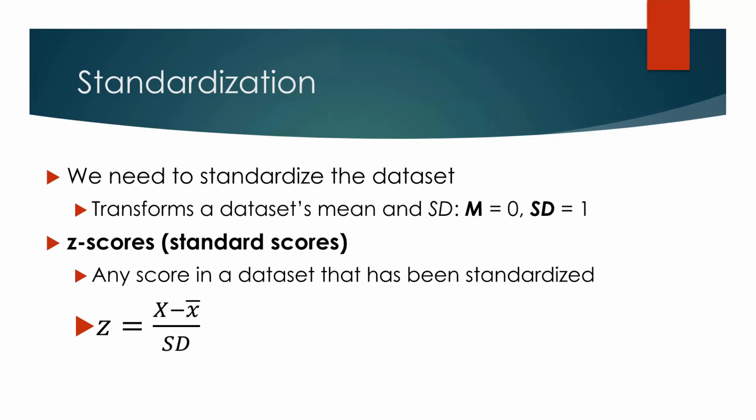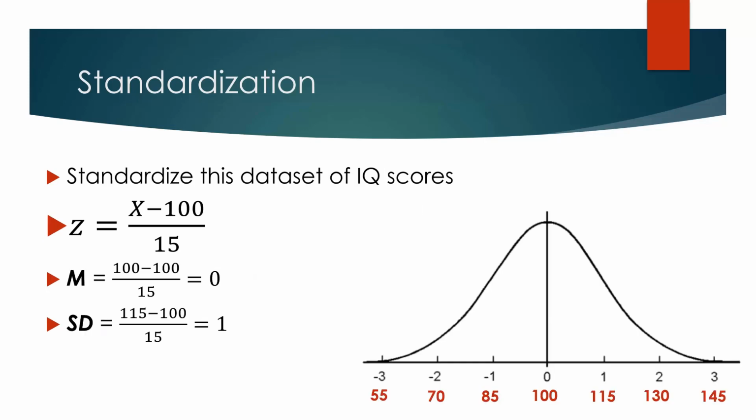Let me show you some examples of how this works so this can sink in a little bit more. Let me show you how the mean actually becomes 0 and the standard deviation becomes 1. Let's say that I take the mean and I plug it in for x. So x minus the mean: 100 minus 100 is 0, and 0 divided by the standard deviation of 15 is 0, because 0 divided by anything is 0.